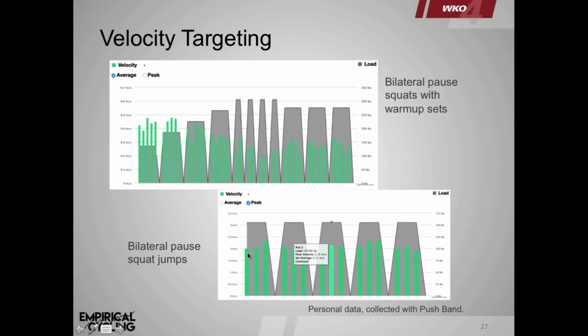What I do is I look at peak speed, and I see how many sets they are doing until they start to fatigue. So here I started to dip under 2 meters per second peak. Mostly it was 2.1 to 2.5, and as soon as I saw 2 reps under 2 meters per second, I knew it was time to call it a day. But you really want to maintain that speed because, as I said before, your adaptations are velocity specific.